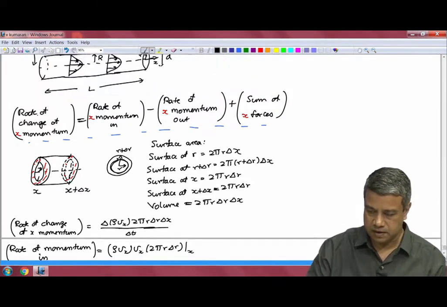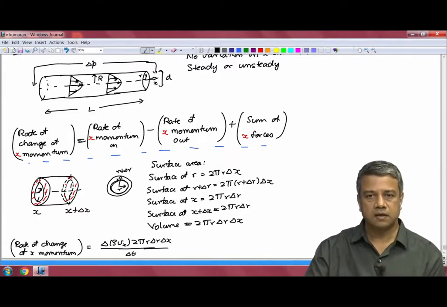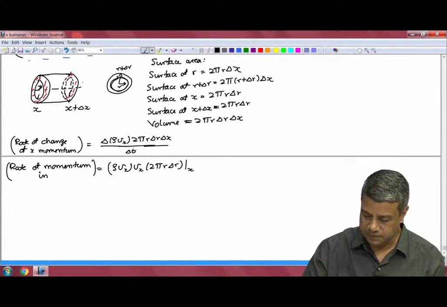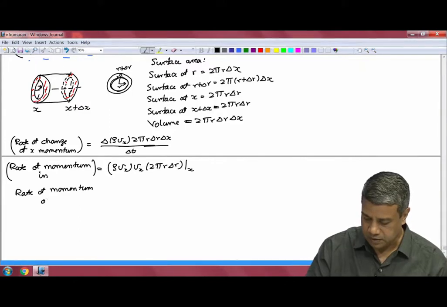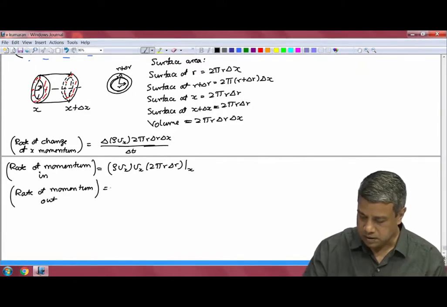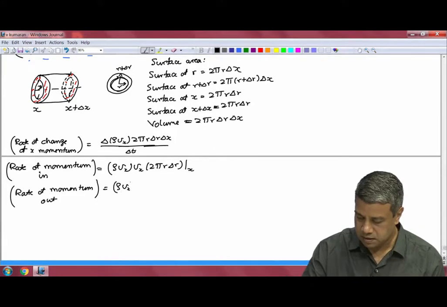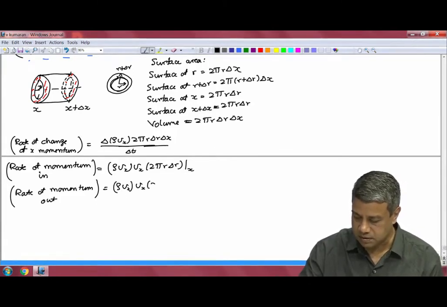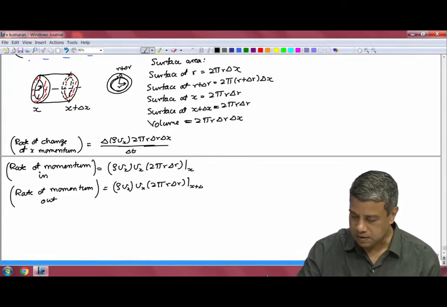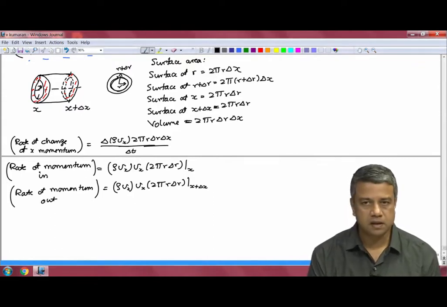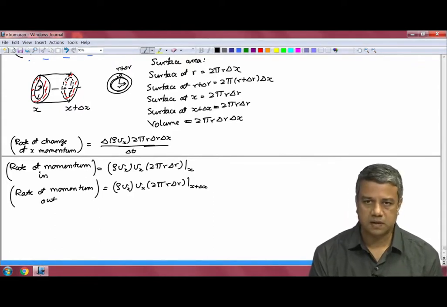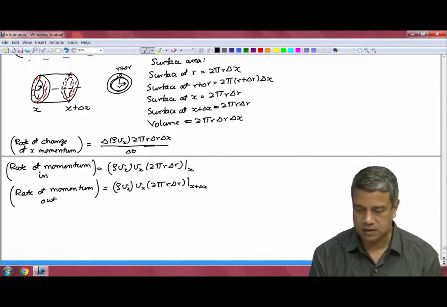The velocity is in the plus x direction. Therefore, momentum enters at the location x, and the rate of momentum out is equal to rho Vx, momentum density times Vx times 2 pi r delta r, at the location x plus delta x. These are the rates of momentum in and out at the location x and at the location x plus delta x.